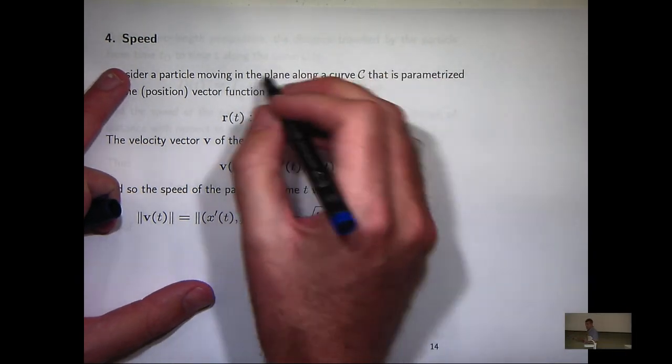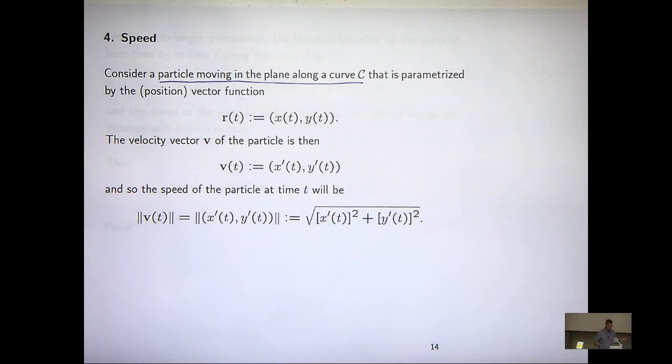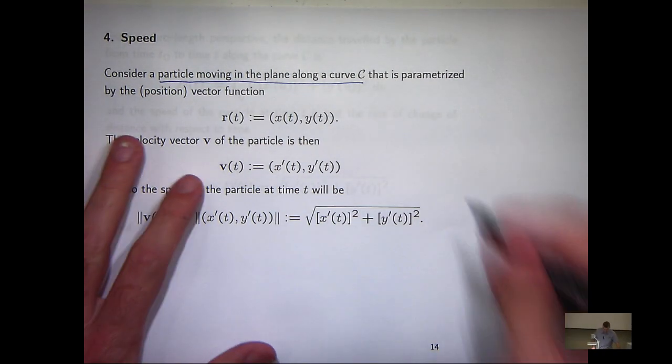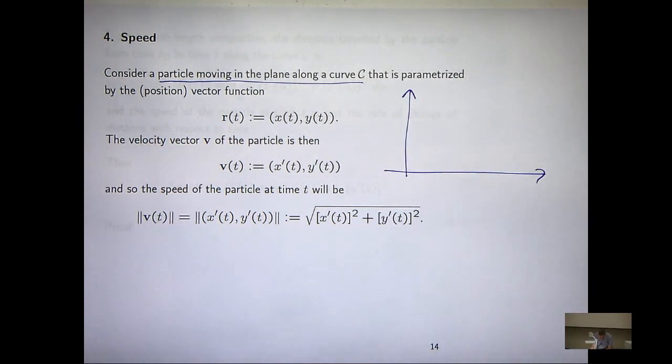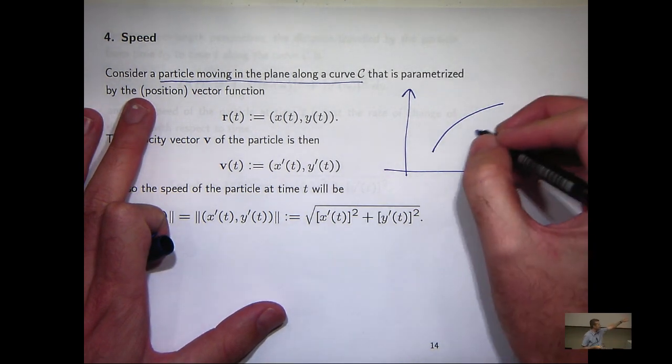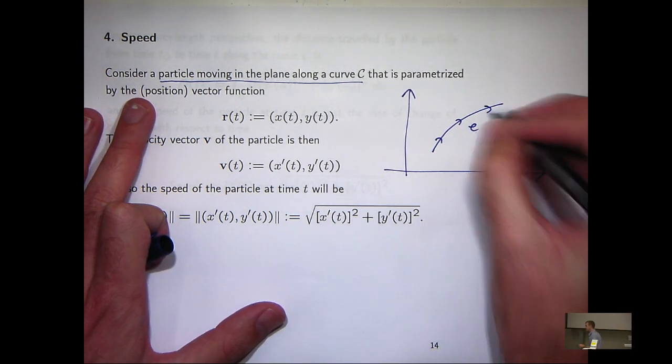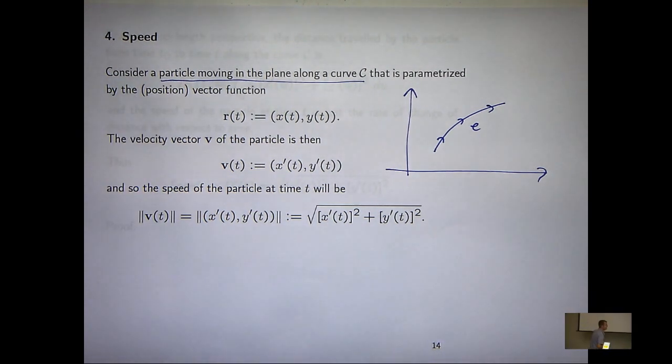So suppose we've got a particle moving in the plane along some sort of curve. We're in the xy plane, we've got some sort of curve, and we're moving in this direction along that curve. Now, at any point on that curve, we can associate a position vector.